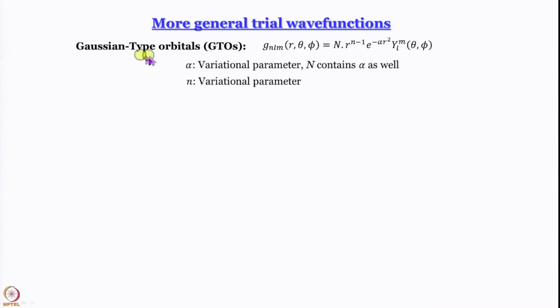This is where it derives the name from, Gaussian type orbitals. The difference between Slater type orbitals and Gaussian type orbitals is that in Gaussian type orbitals you do not use an exponential function, rather you use a Gaussian function. It is not e to the power minus zeta r, rather it is e to the power minus alpha r square. Again, alpha is a variational parameter and n is a variational parameter as well.